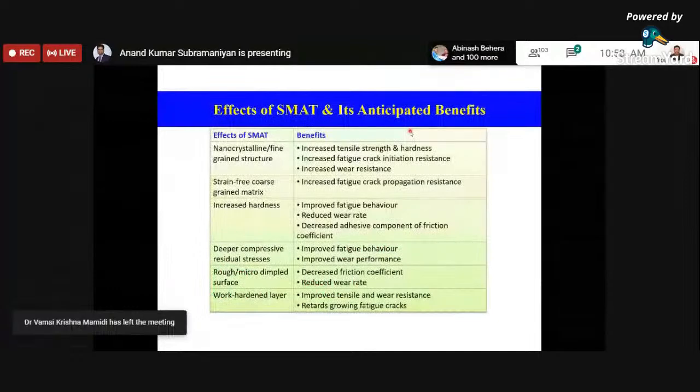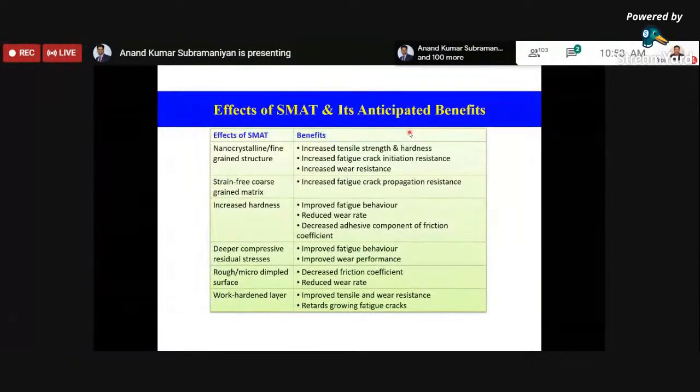And now this particular slide is just to elaborate on what effects this SMAT process can induce, and what the anticipated benefits or advantages are, right?